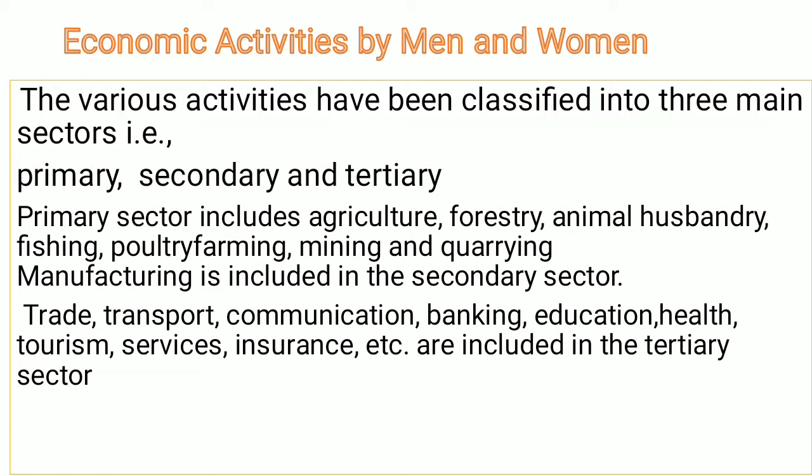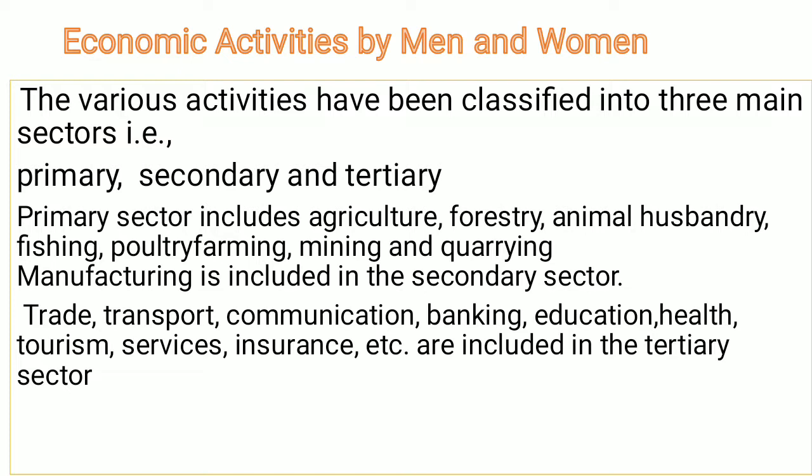Now let us talk about the secondary sector. Manufacturing is included in the secondary sector. What happens in the secondary sector? We use a raw material, and through a particular process we convert this raw material into a new material.